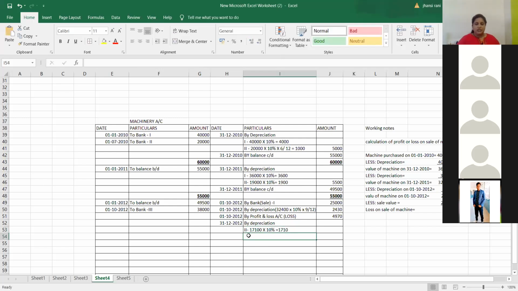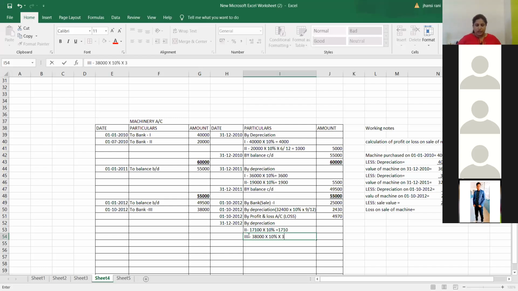Now we have a new machine. That is third machine, and third machine value is 38,000, and depreciation is 10%. When did we purchase this machine? We purchased it on 1st October. So how many months did we use? Only 3 months, October, November and December.